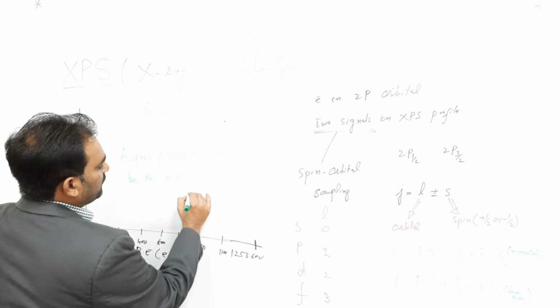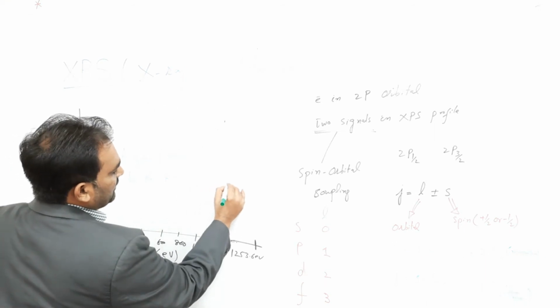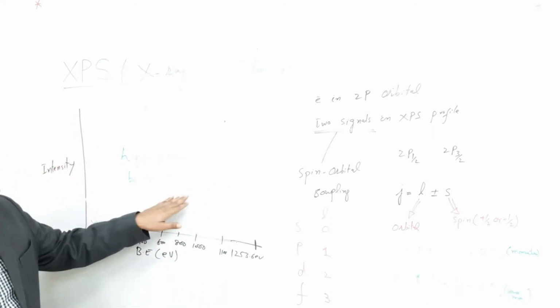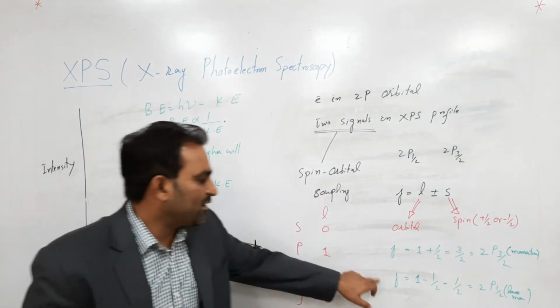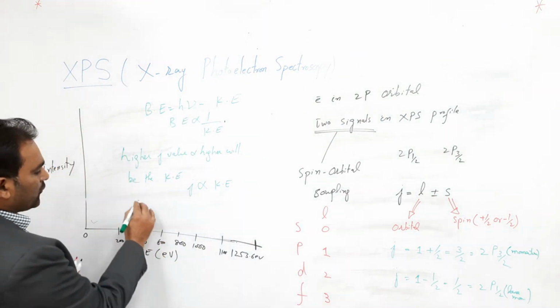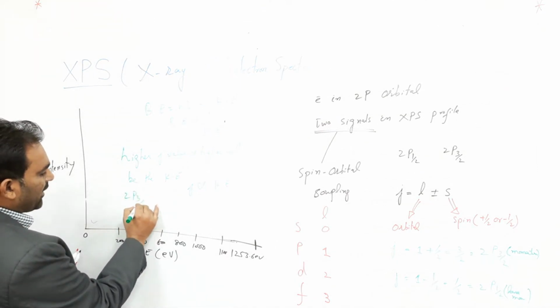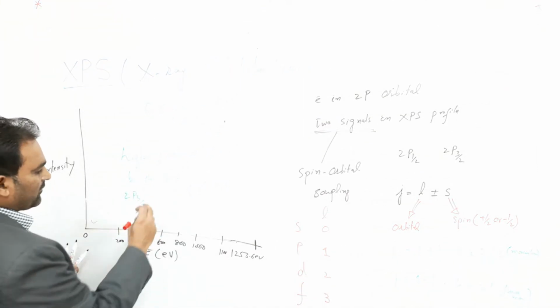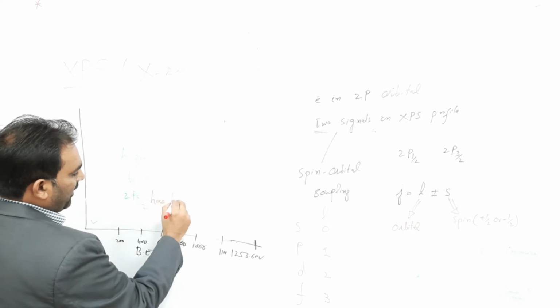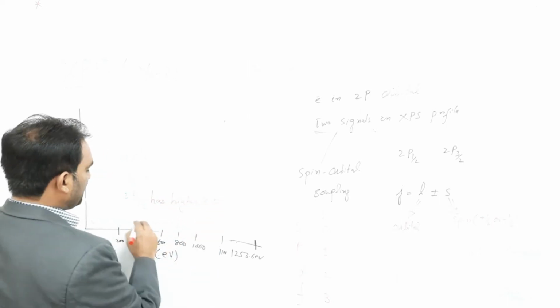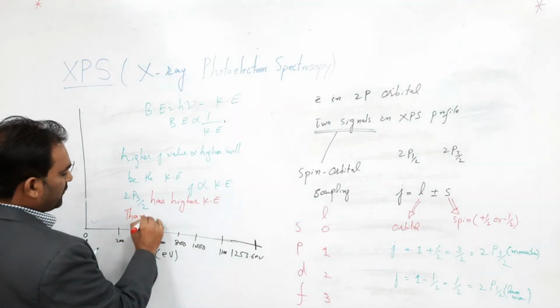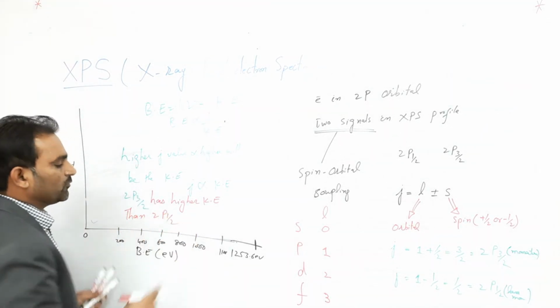J value is directly proportional to kinetic energy. The higher the J value, the higher the kinetic energy. For this particular case, 2p 3 by 2 has higher kinetic energy than 2p 1 by 2.